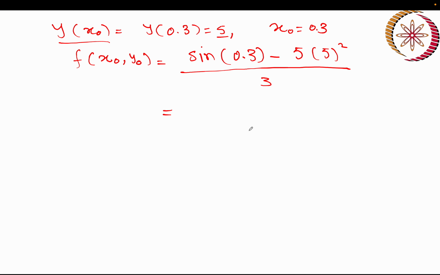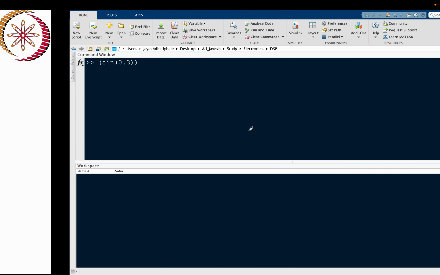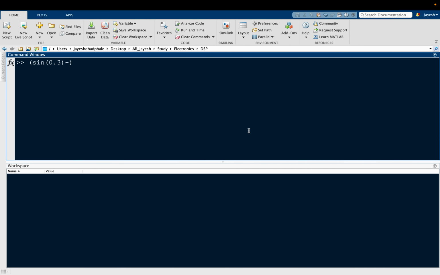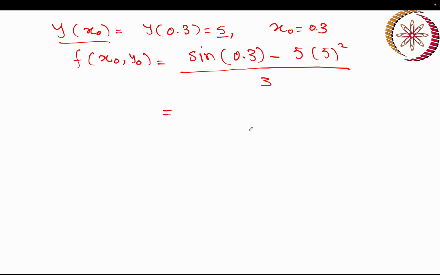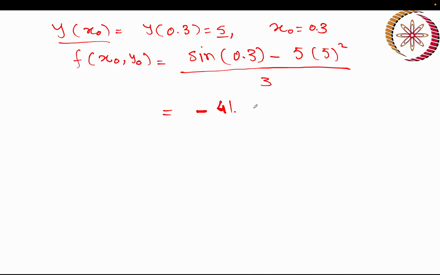We'll compute this: sine of 0.3 minus 5 into 5 square, divided by 3. This is minus 41.5682.